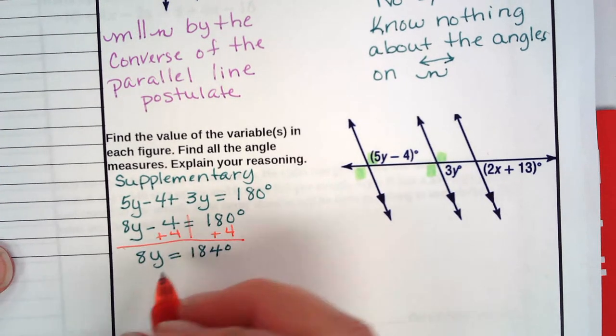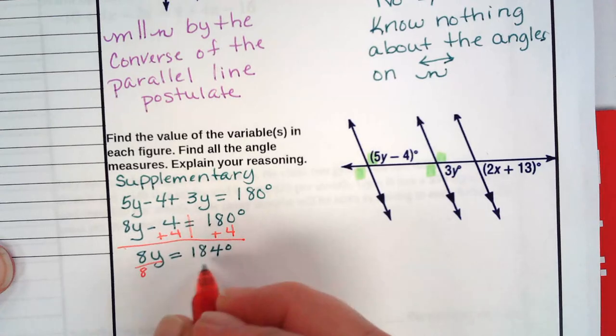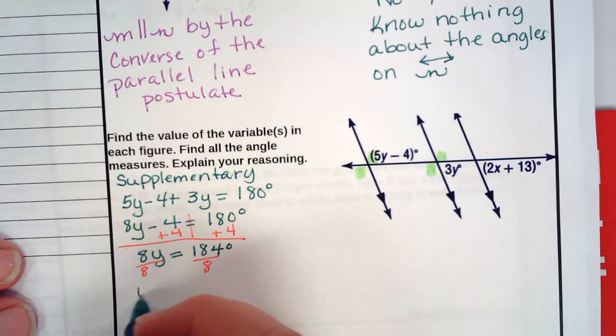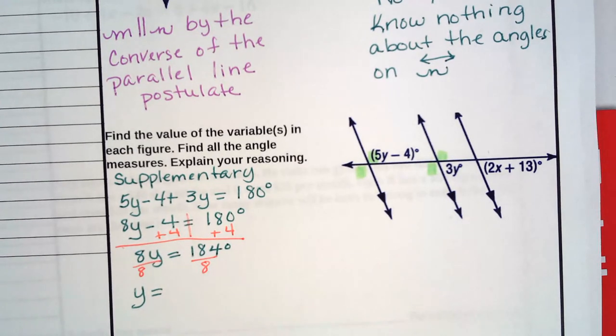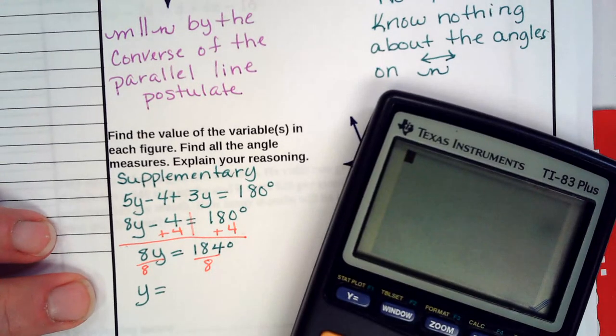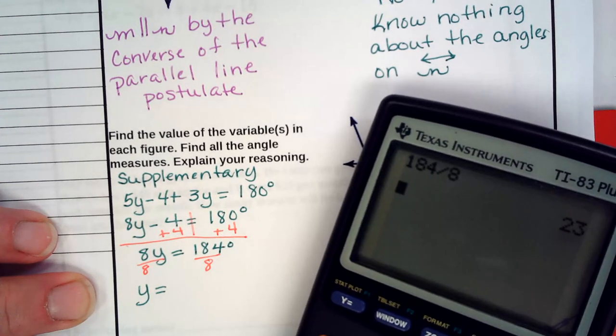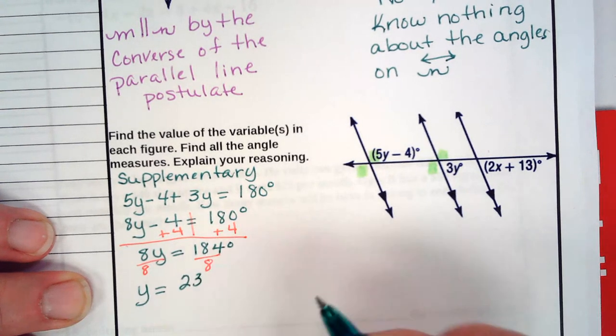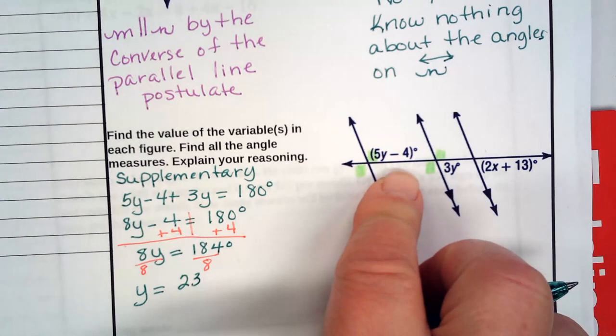Last step is to divide by 8. y is equal to, in this case I'm going to grab my handy dandy calculator. 184 divided by 8 gives me 23. Okay, so let's figure out what the first one is.